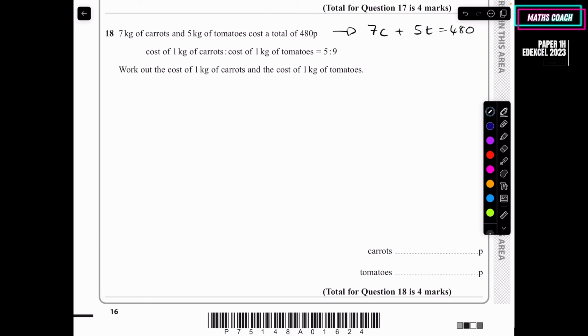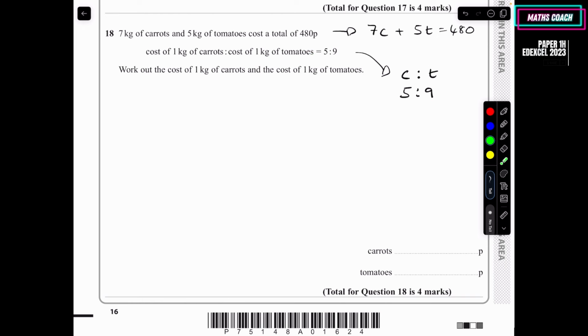Now, this next sentence, the ratio one: I am told that 1 kilogram of carrots to 1 kilogram of tomatoes is in the ratio 5 to 9. So 1 kilogram of carrots represents the 5, and 1 kilogram of tomatoes represents the 9.